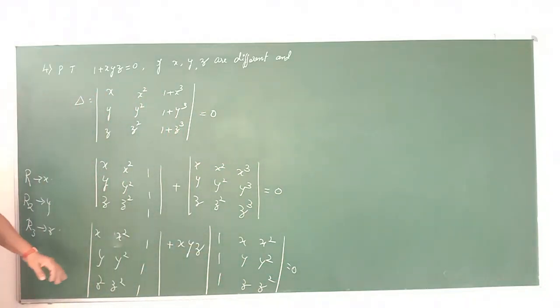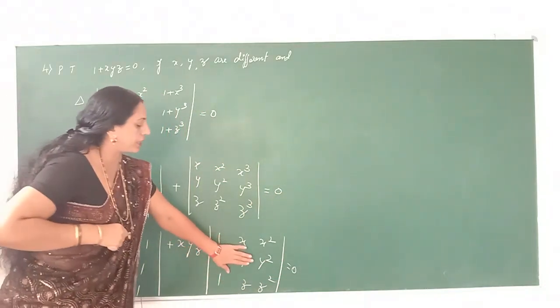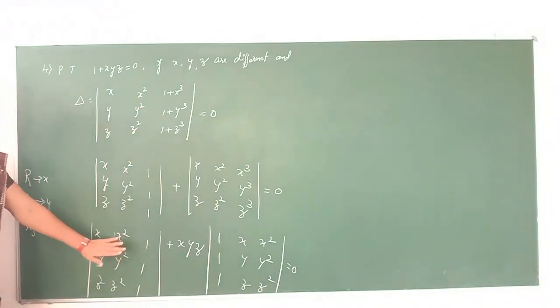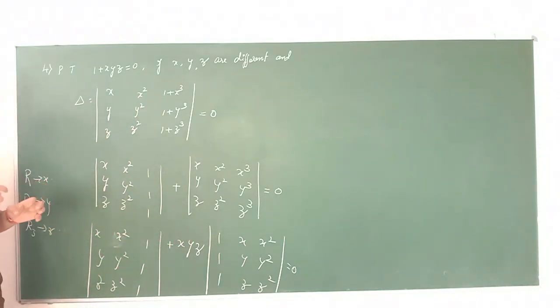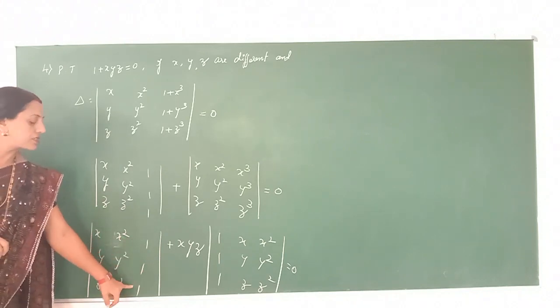Now observe the elements of these two determinants correctly. All the elements of the determinants are the same but with different placement. So first we observe the elements 1 1 1.